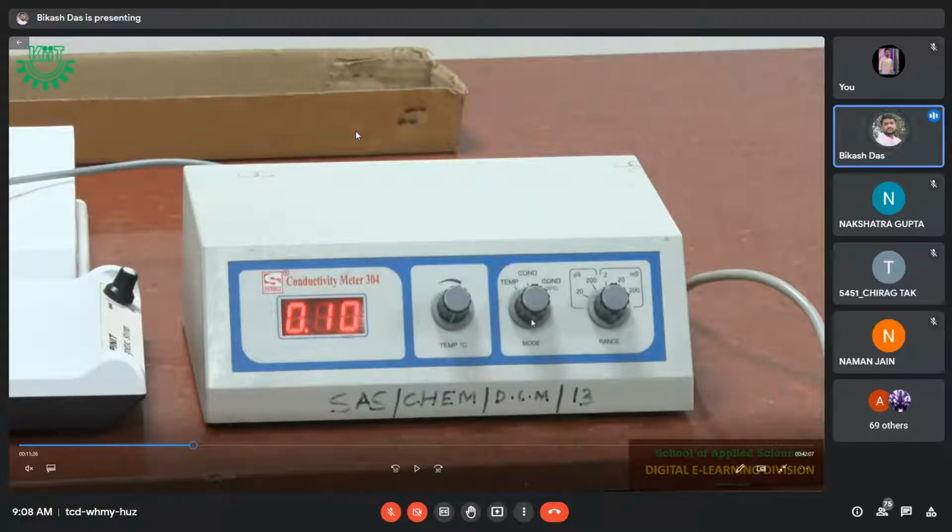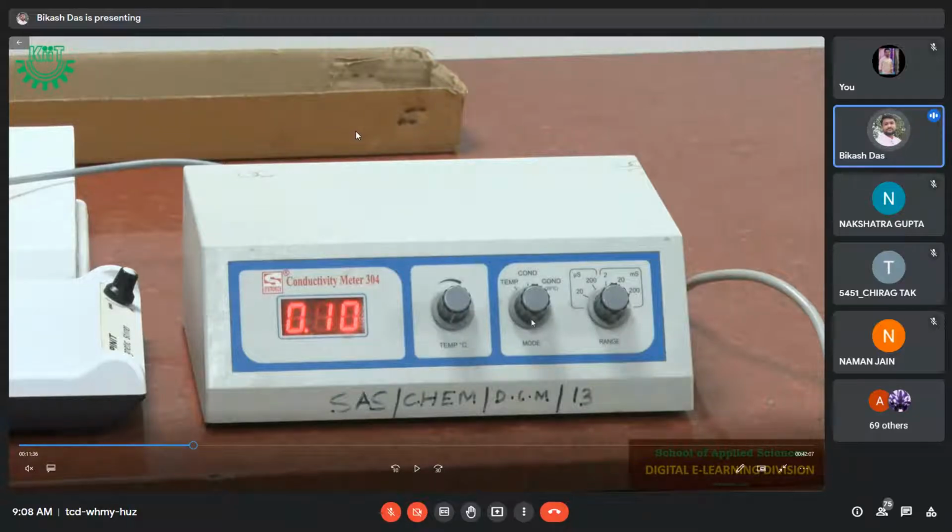Class, as you know, the pH range is 0 to 14. In 0 to 14 there are three divisions: less than 7, more than 7, or equal to 7: acidic, basic, or neutral. Exactly today we are going to measure the conductance of HCl.